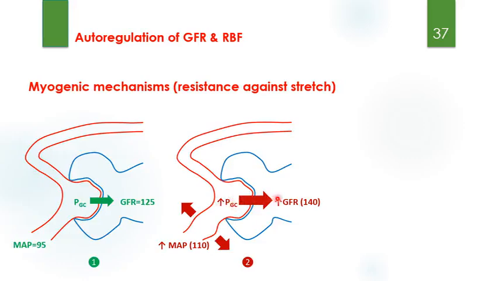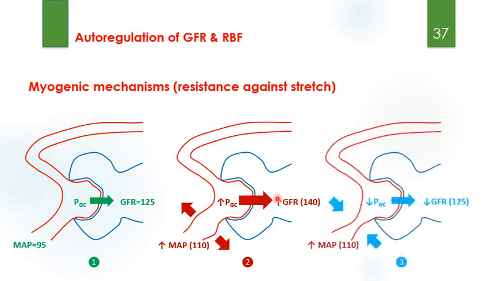But due to the myogenic mechanism and contraction of the smooth muscles and constriction of the afferent arteriole, even though the pressure is high, the hydrostatic pressure at the glomerular capillary will remain normal, and GFR will be reduced and return to the normal level.